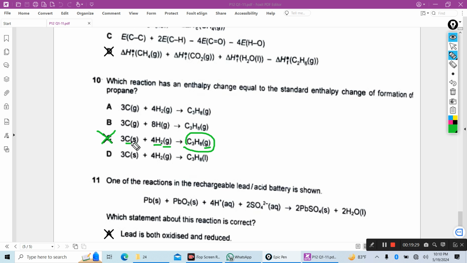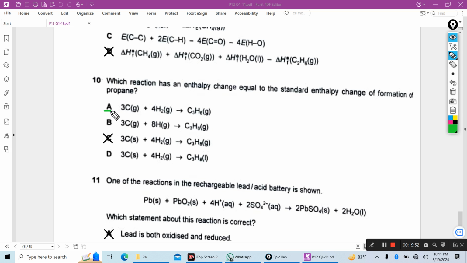Now 3 carbon, 8 hydrogen, so 4 H2 to the 8. So it is the enthalpy change when 1 mole of propane is formed from its elements carbon and hydrogen in their standard state. So carbon standard state solid, hydrogen gas. C is the right answer.